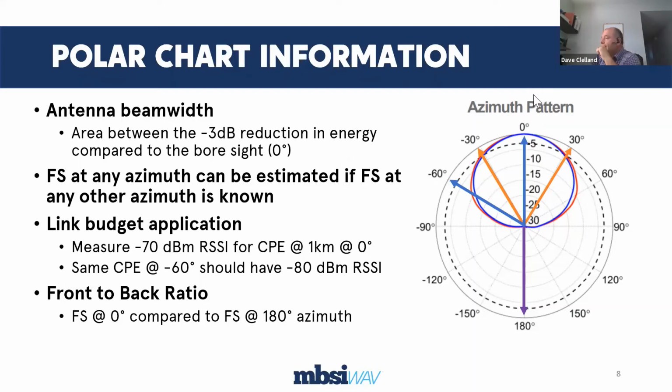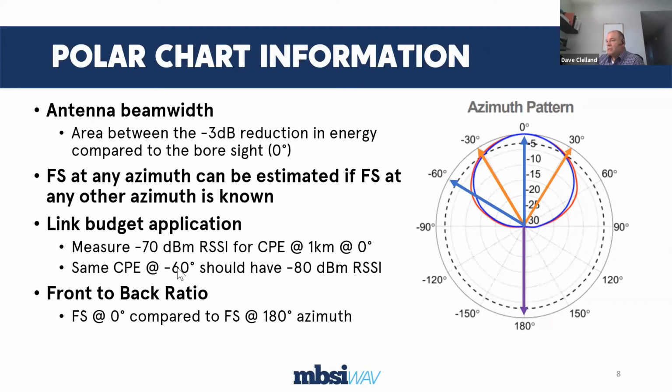So at that particular point, if I moved 30 degrees in a counterclockwise direction from my tower site, I would estimate that my RSSI would be 3 dB lower here than it is here. If I go out another 30 degrees from this, now I'm 60 degrees away from my azimuth. Even though my antenna may not be designed for that, I am still going to receive my signal at a minus 75 in that particular case.